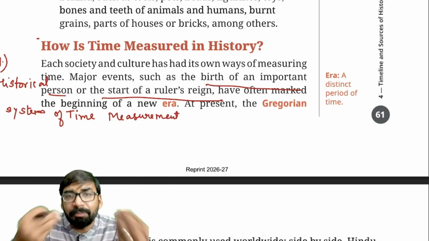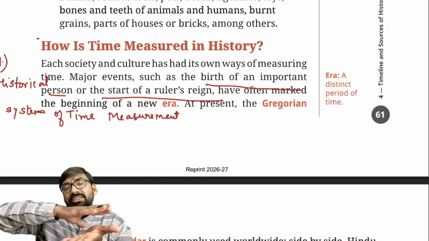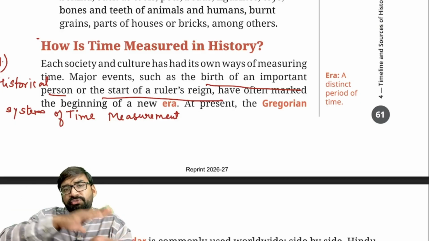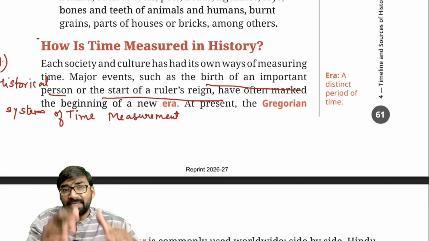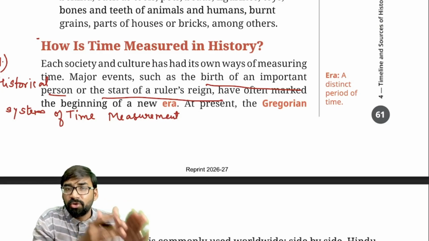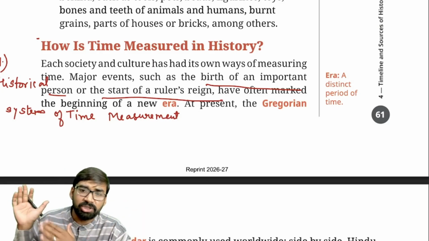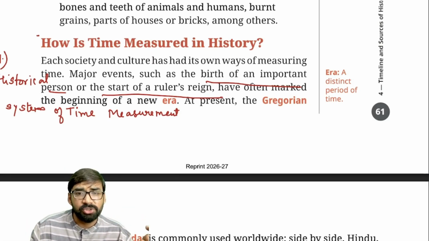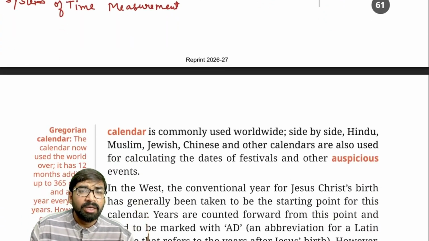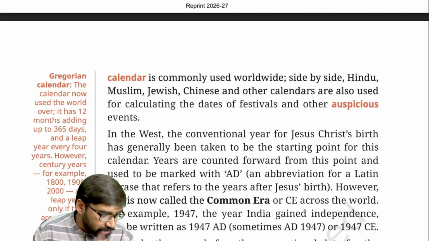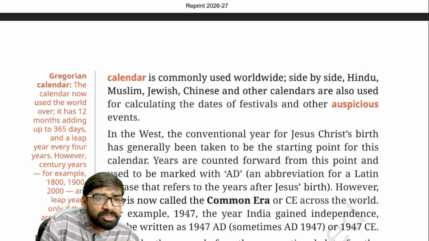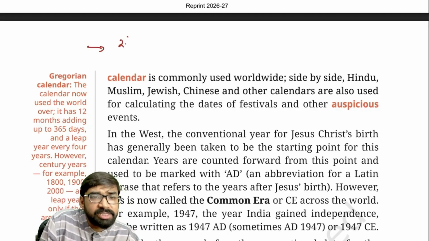So what is the meaning of era? Era is considered as a distinct or different period of time where a major change occurred, है ना, जहां पे मेजर चेंज हुआ. ठीक है. That is called as era. ठीक है. अब एरा को हम कैसे स्टडी कर सकते हैं, है ना. First of all, it can be studied through, this is the second point, through calendar system.